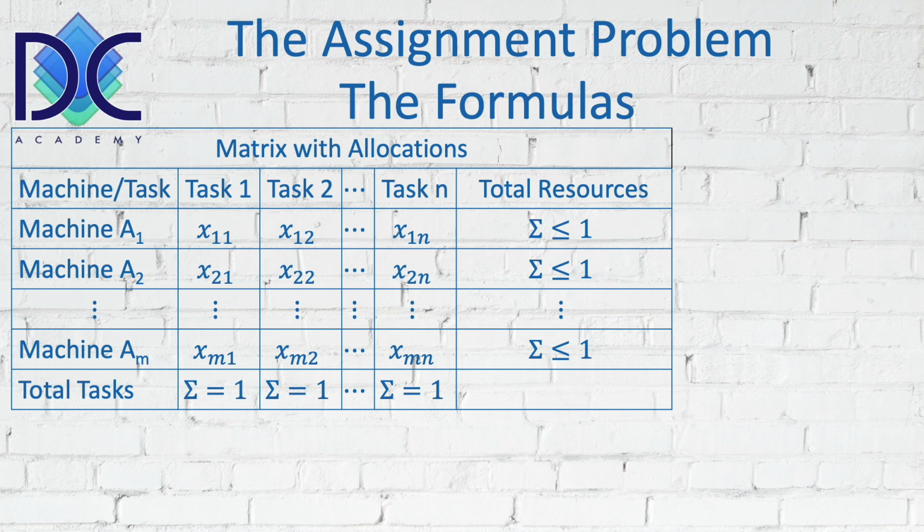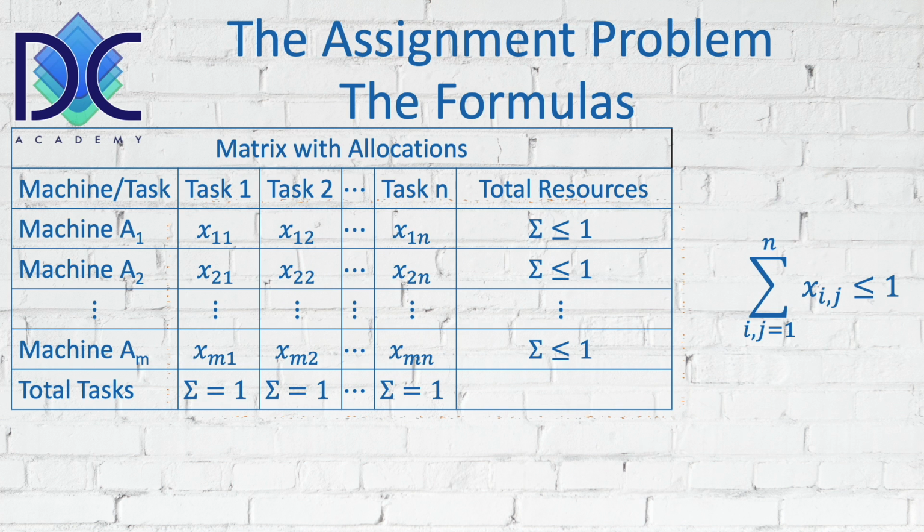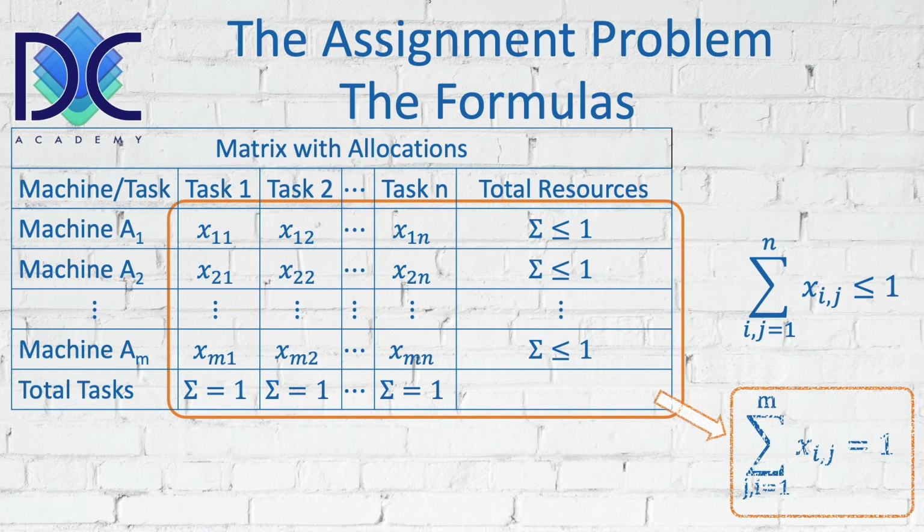Basically, we can write the different formulas here. For the rows, we can say that the sum of Xij for a specific row has to be smaller than or equal to 1. We can do the same for the columns, but here we have to have the equality, and we say that the sum of those elements of the columns is equal to 1.